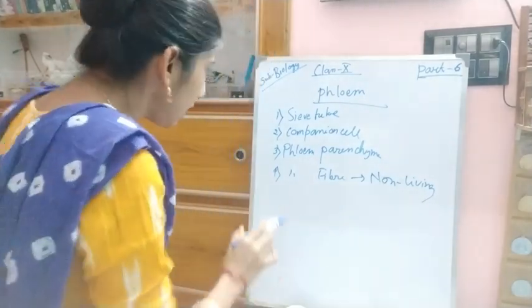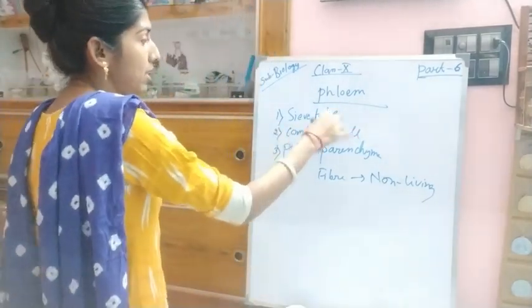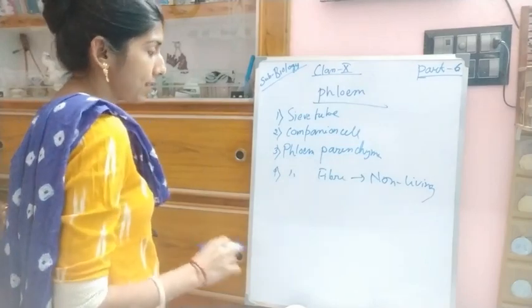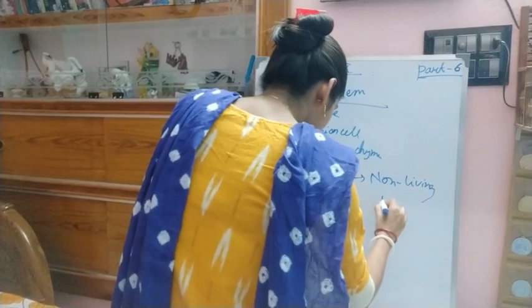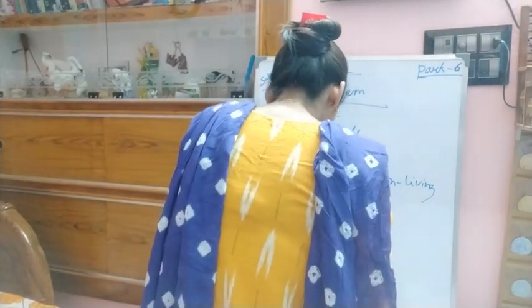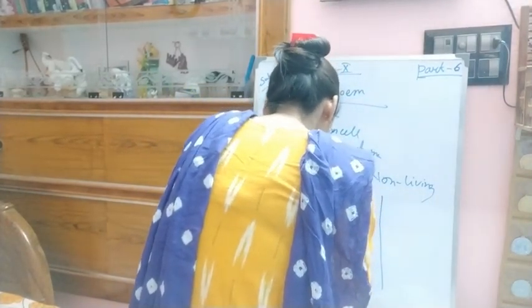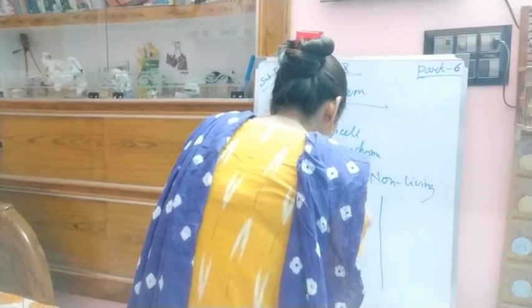And in the opening of the sieve tube there are some plates which are called sieve plates. I am drawing that. If that is a xylem, some structure like that.